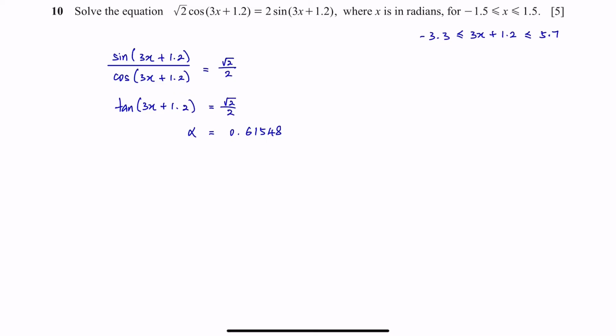I write it to 5 decimal places first because if we round it to 3 SF now, it would be inaccurate for our final answer. So we need to round it to around 5 or 6 SF, the more the better.